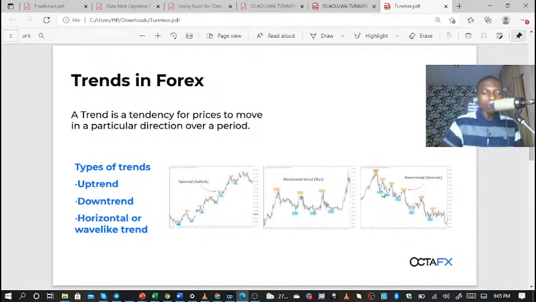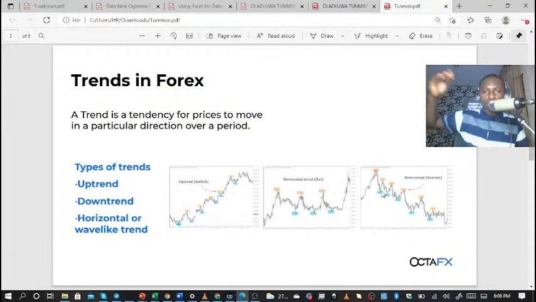Bringing it down to Forex, we're looking at the path at which prices have been moving consistently over a period of time. The trend can either be upward, so we say the price has been going upward consistently in an uptrend, so let's follow the trend.